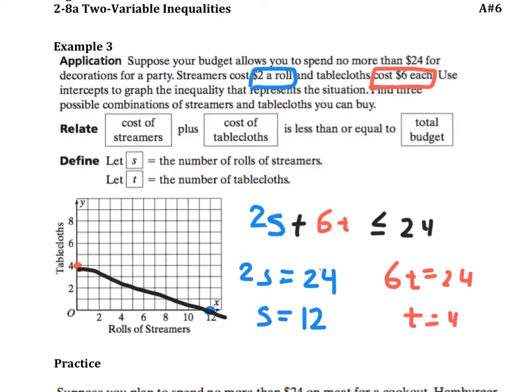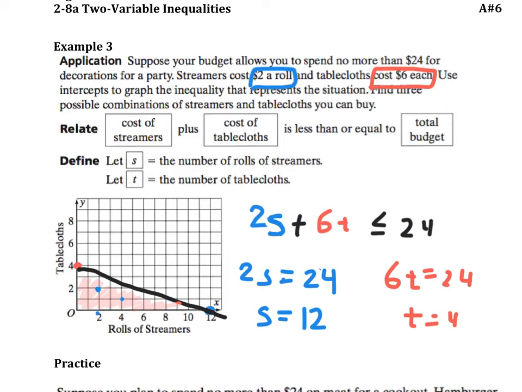Now, which way do I shade? Well, it does say less than or equal to, but I could always test that. As I shade this region right here, we see a couple options I have. Notice what will work. I could buy 2 streamers and 2 tablecloths.